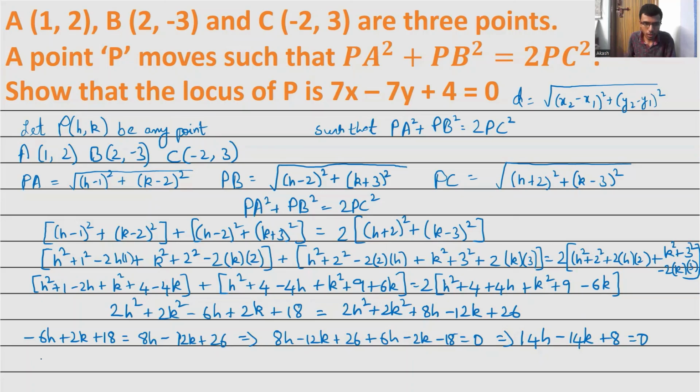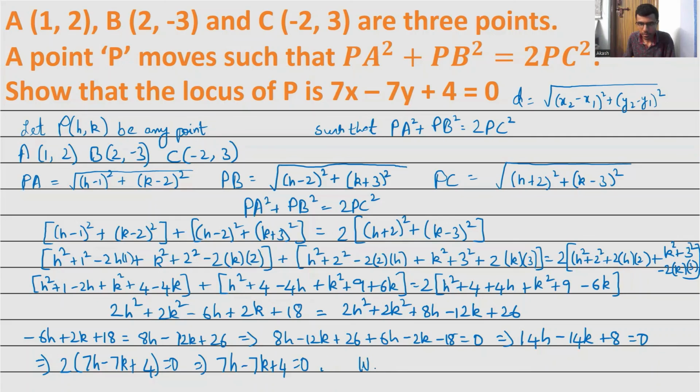Now, if I take 2 common in the entire equation, since I'm short of space, I'm writing horizontally, then I'd get 7h minus 7k plus 4. If I take 2 common, I'd be left with 4 is equal to 0. Send 2 to the other side, then you would get 7h minus 7k plus 4 is equal to 0. We're almost done. Now, one last line you need to write.